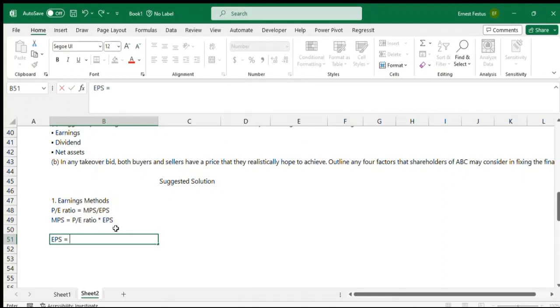As I said in my previous video, it is the earnings after tax and dividend, and then we divide that by our total number of shares.